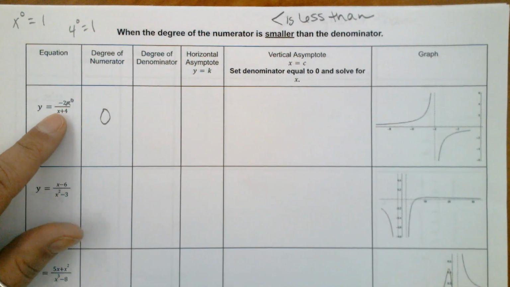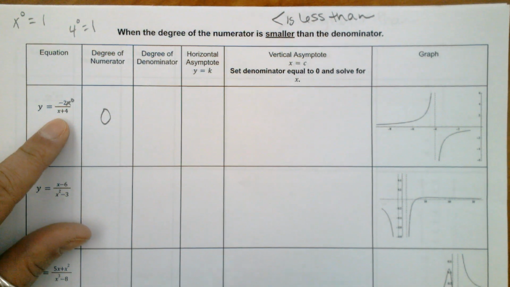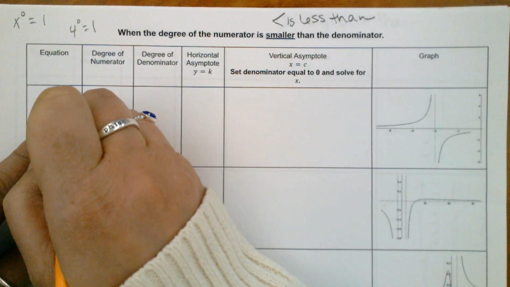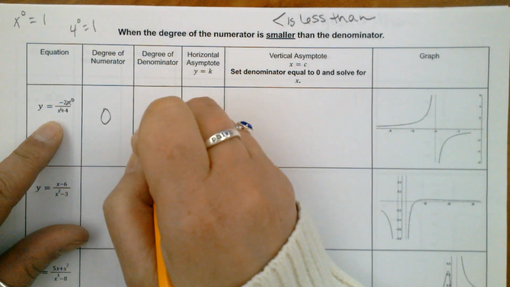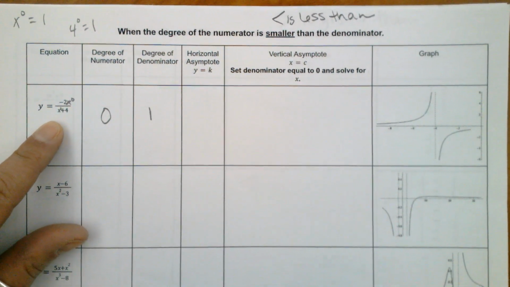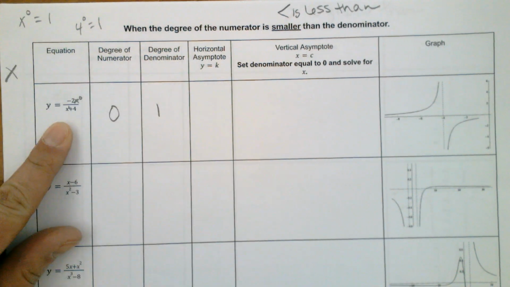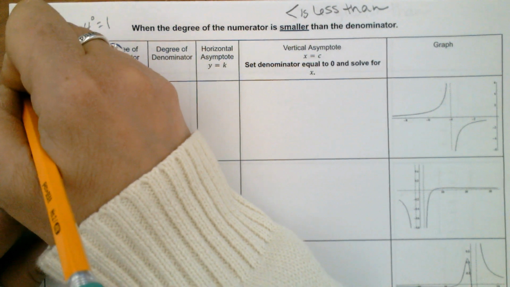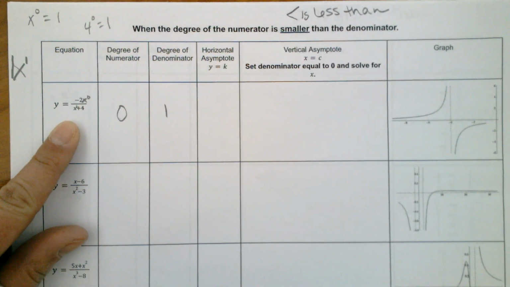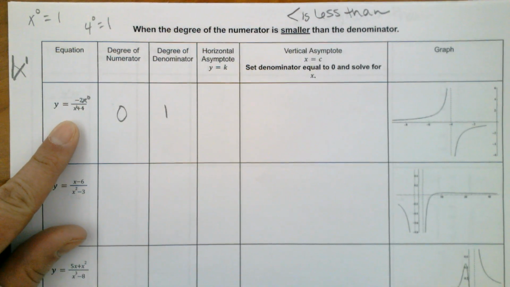Okay, in the denominator, we see we have x plus 4. If you don't see an exponent attached to x, please remember that it's the number 1. So the degree is 1. So if there's no exponent, if there's just the letter x, remember there's a 1. Likewise, if there's no coefficient, no number in front, that's also 1. So there we go.